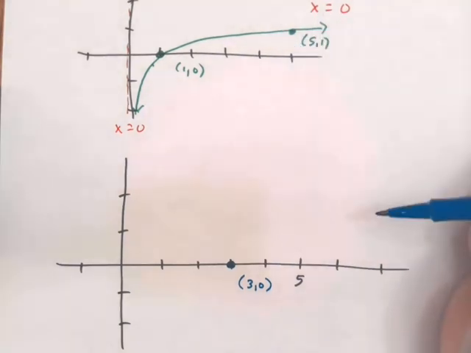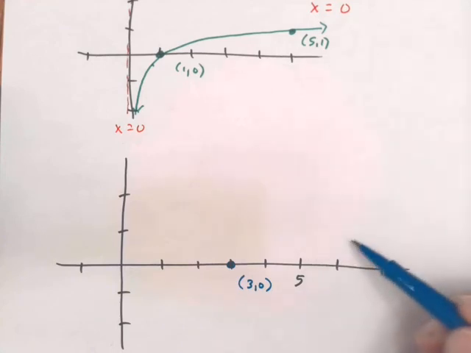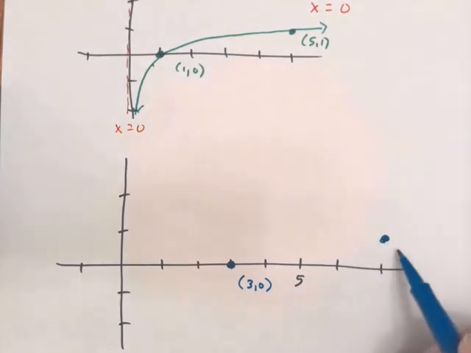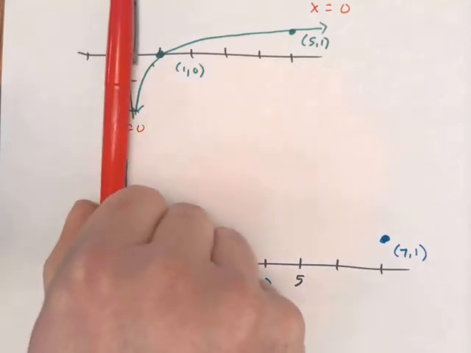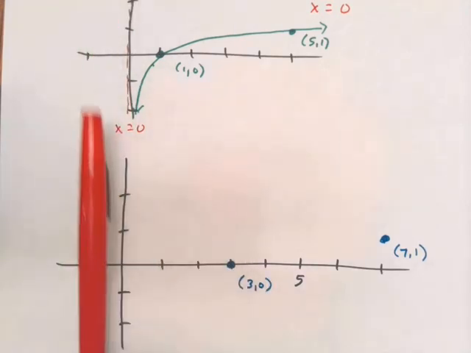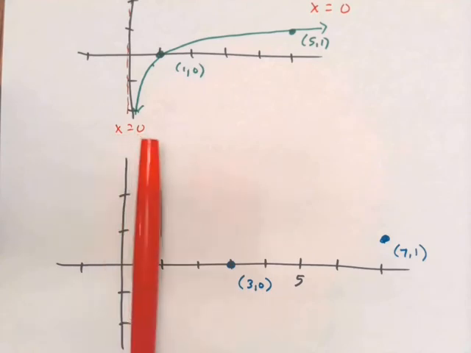5, 1 is one of the points on our parent function graph. I need to move that over to the right 2 units. So 7, 1 is also going to be a point on our graph for function f. And then we have a vertical line right on the y-axis. And I need to move that also over to the right 2.